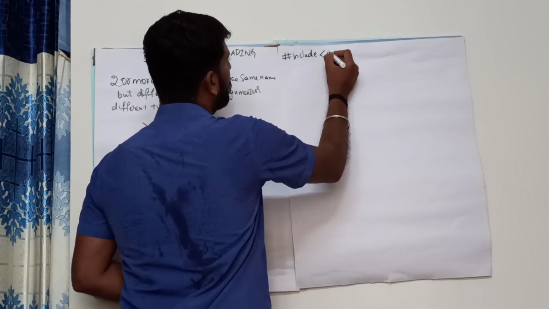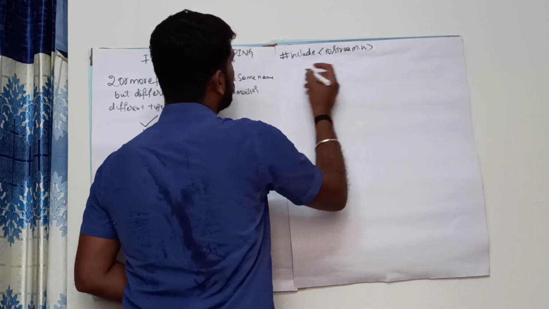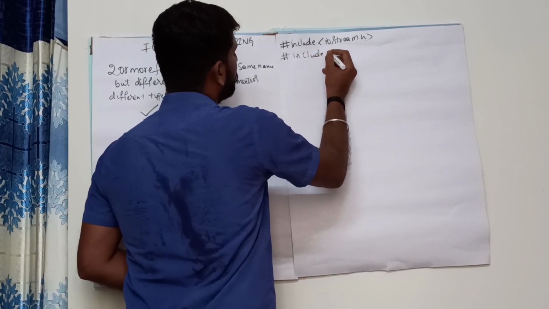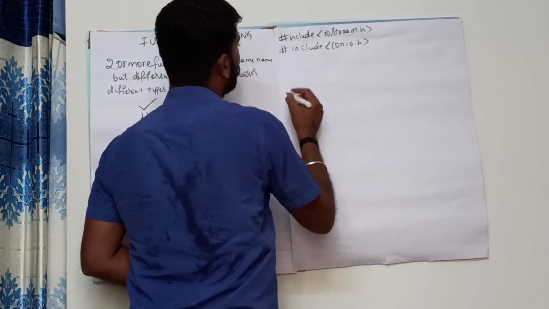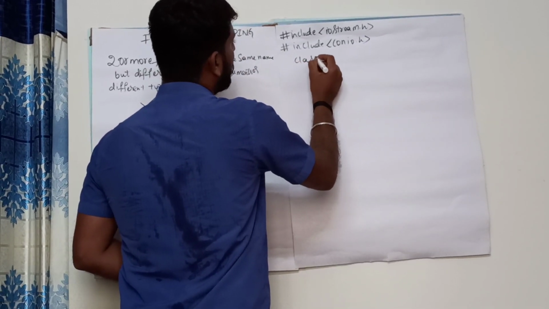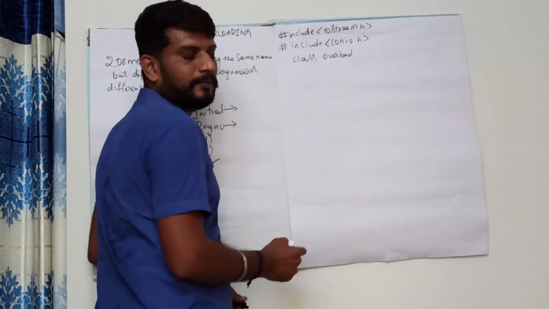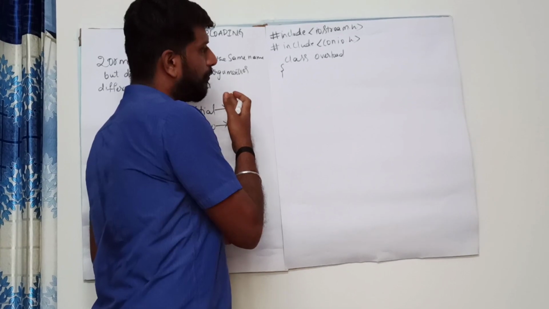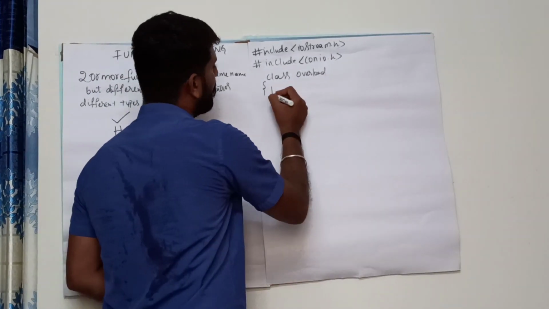Hash include iostream.h, hash include conio.h. I will create a class overload. The class name is overload. In this program, I will not be declaring any private variables, so I will just go with the public part.